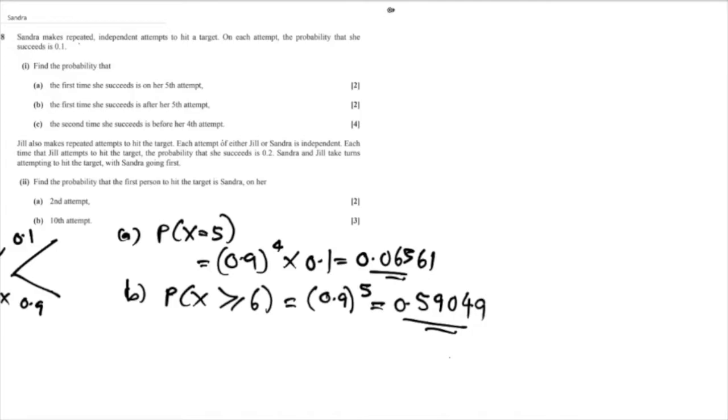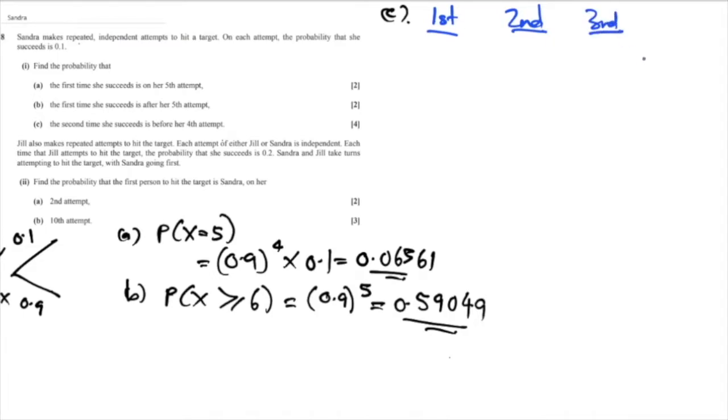Okay, next, C. The second time she succeeds is before the 4th attempt. So before her 4th attempt for the second time. Let's say first attempt, second attempt, and third attempt.